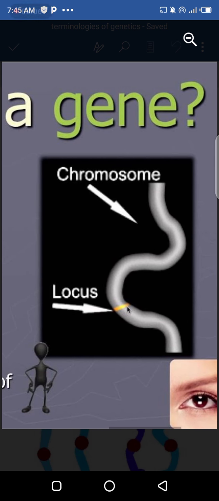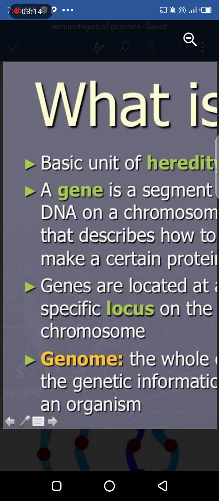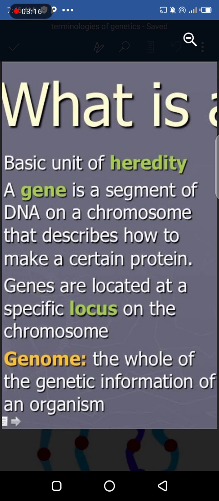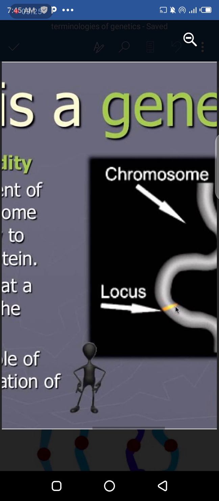So here you can see the chromosome, and the locus where these genes are located on a specific locus on the chromosome. So on this locus the genes are present on the chromosome.